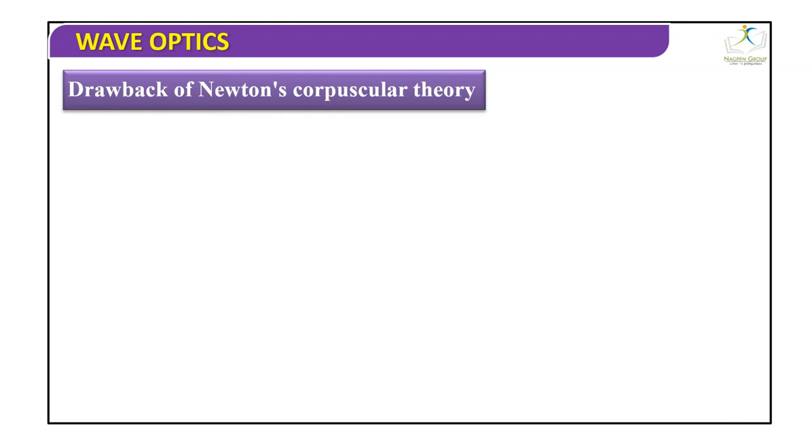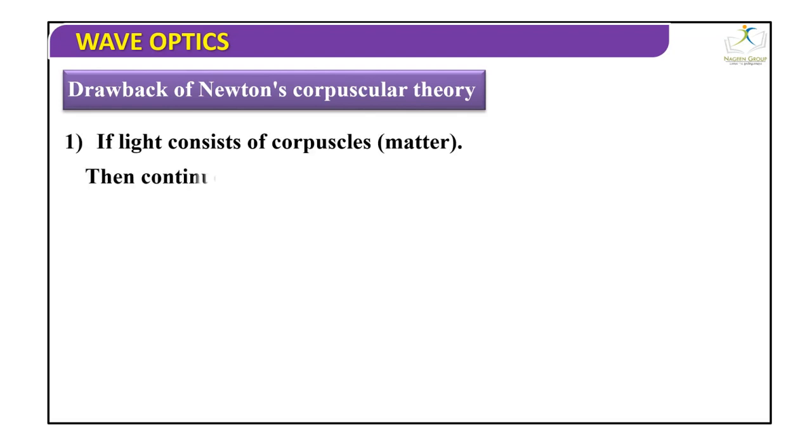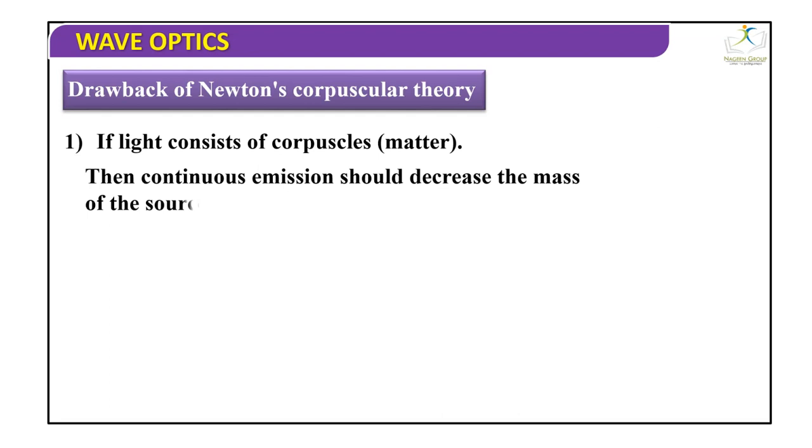But there are many drawbacks that come with Newton's corpuscular theory. The first: if light consists of corpuscles of matter, then continuous emission should decrease the mass of the source of light.